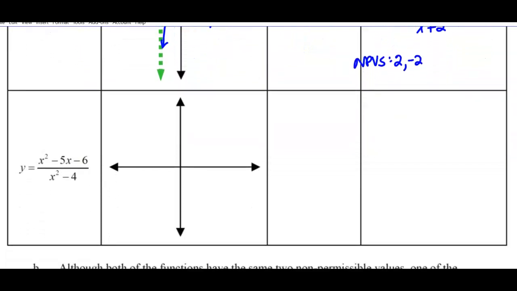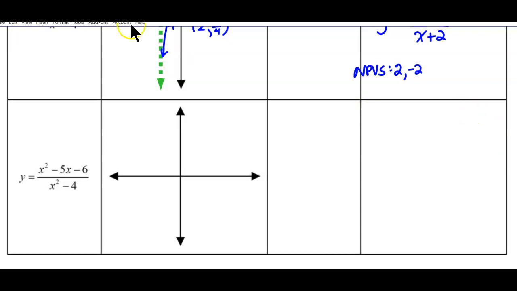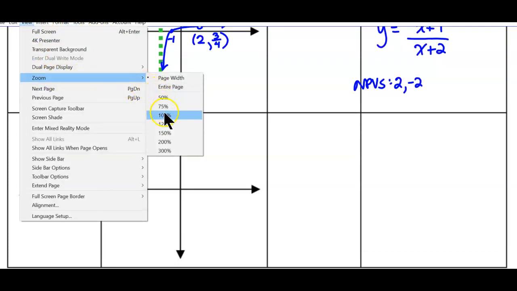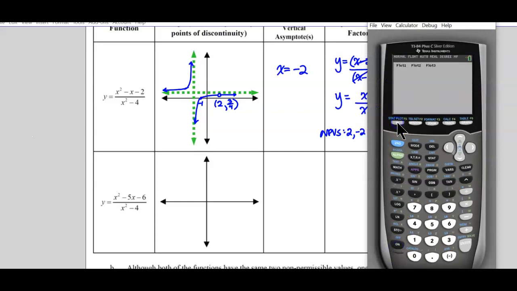All right, try the next one. Notice how it has the same denominator as the last one. It says to use your calculator. You don't have to know how to graph it without a calculator.